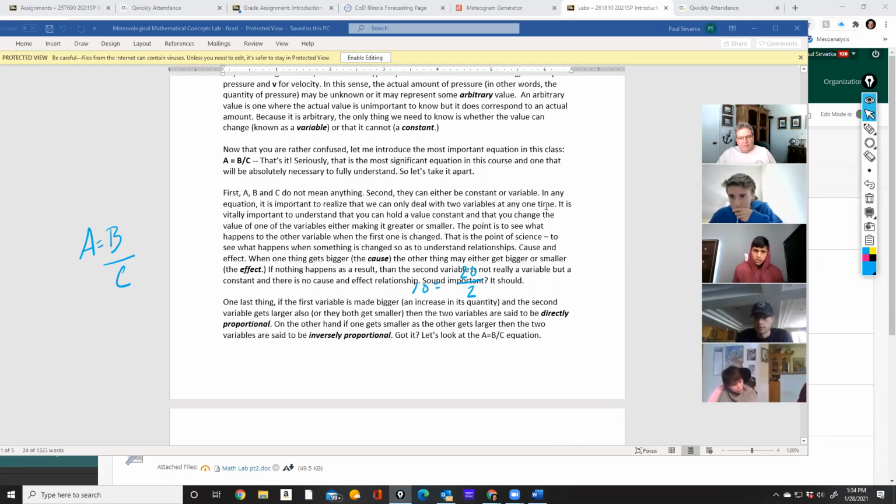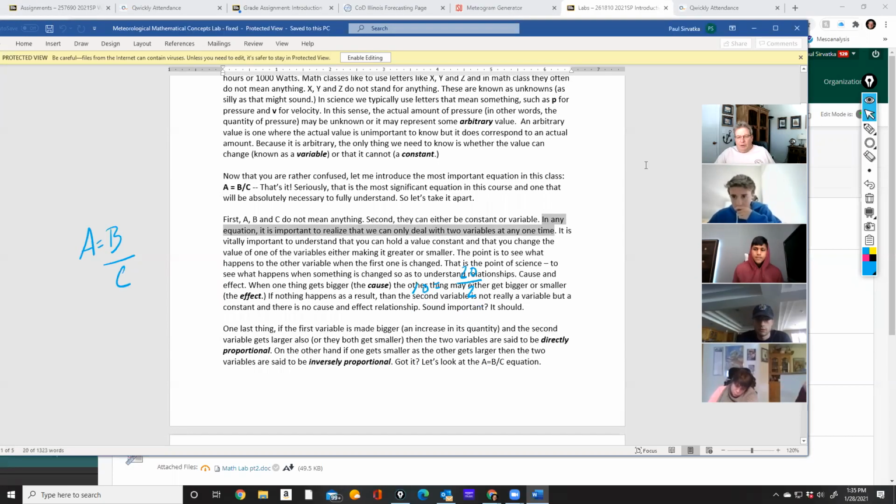The point is to see what happens to the other variable when the first one is changed. Okay, before that even, look at the stuff I highlighted in gray: in any equation, it's more important to realize that we can only deal with 2 variables at one time. And you said there's 3 variables, A equals B over C, 1, 2, 3, right? So I can only deal with 2 of them, so what do I have to do to one of those variables? Take one out.